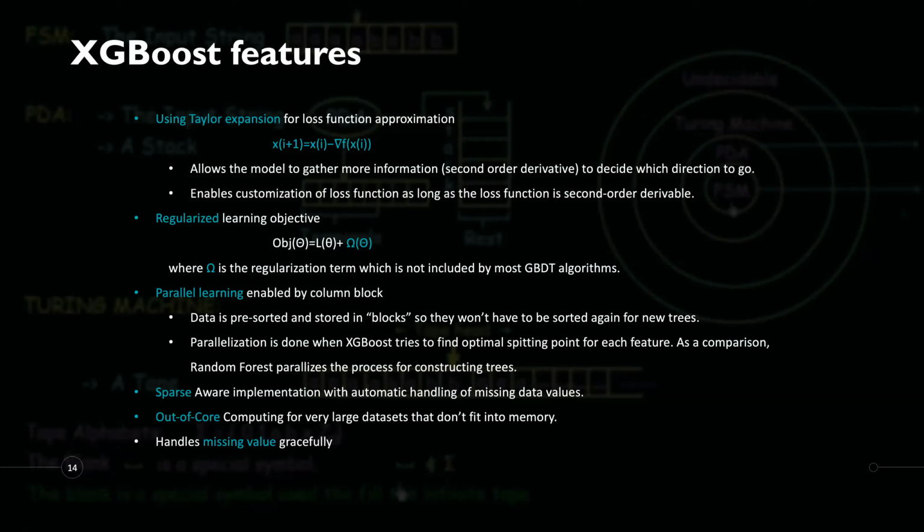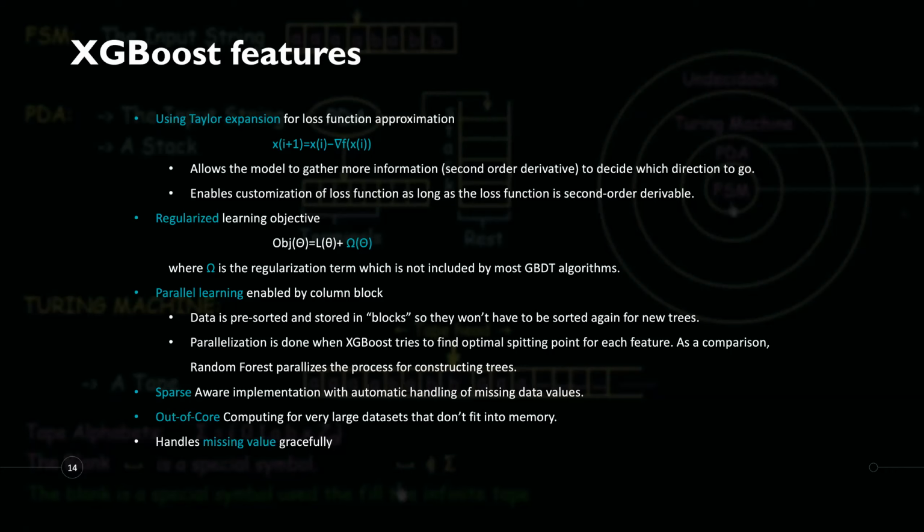The algorithm uses multiple CPU cores to find the optimal splitting point at the same time for one tree. Once it has found the optimal splitting point and finished the tree splitting, it moves to the next tree.